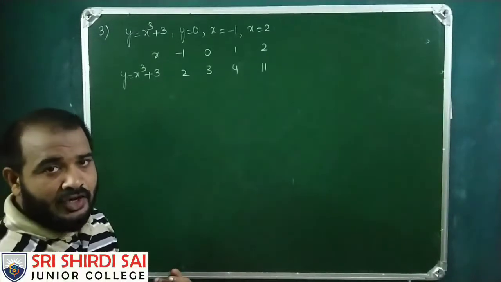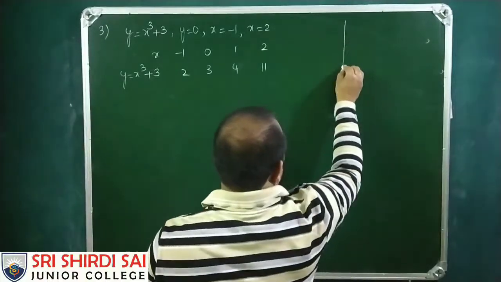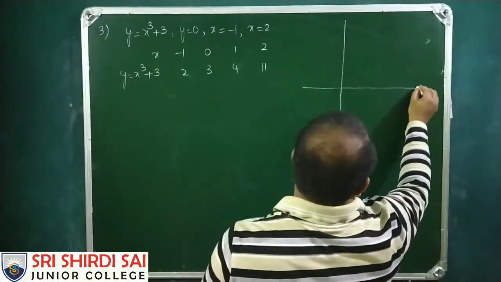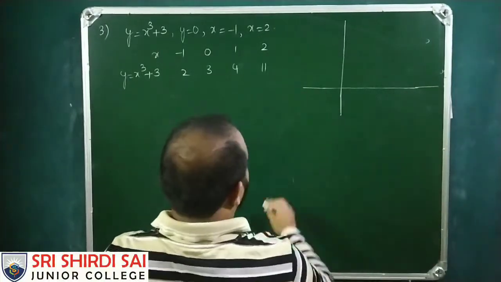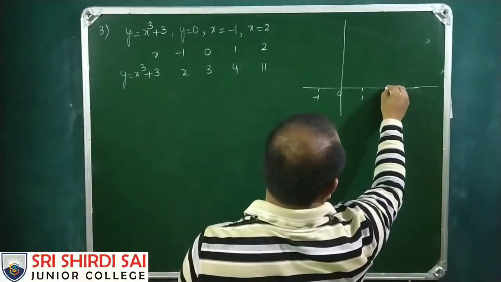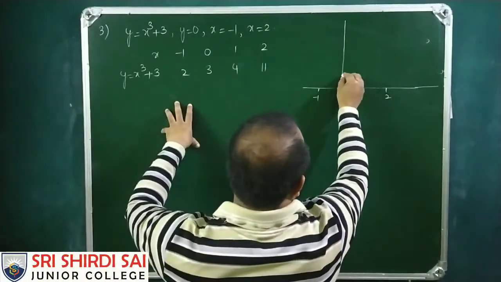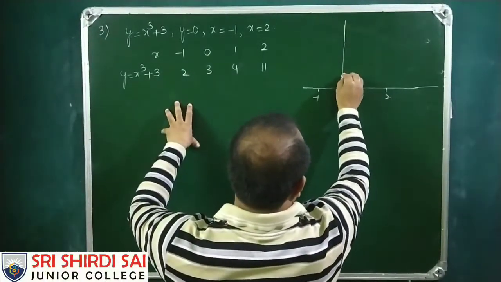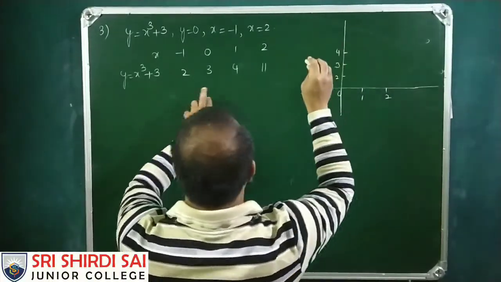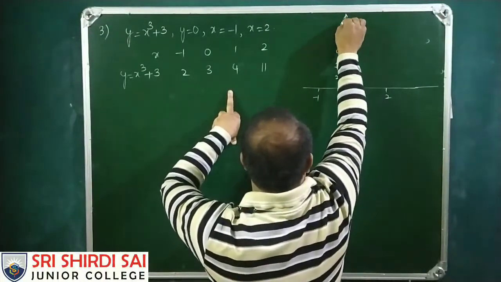The area of the region bounded by the curve. So now I am plotting the curve. This is my coordinate axis, and here this is minus 1, this is 0, 1, this is 2. Let us suppose here this is 2, this is 3, this is 4, and somewhere here it is 11.